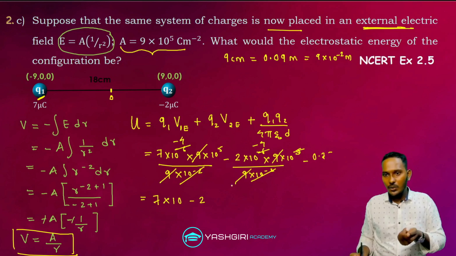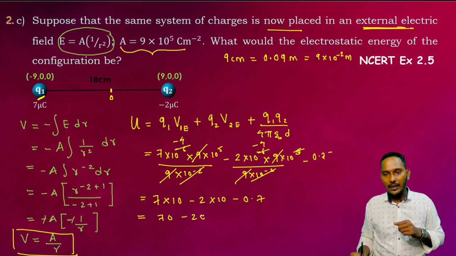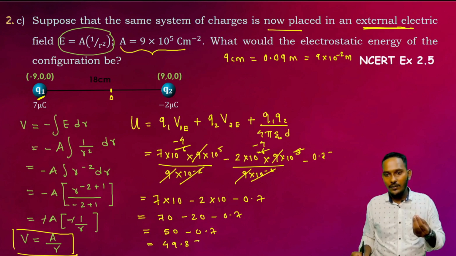Again, minus 2 into 10 to the power minus 4 into 10 to the power 5 will give me again a 10, and minus 0.7. So here 7 tens are 70, minus 2 into 10 gives me minus 20, and minus 0.7, which gives me 50 minus 0.7, and that will be, students, 49.3 joules.